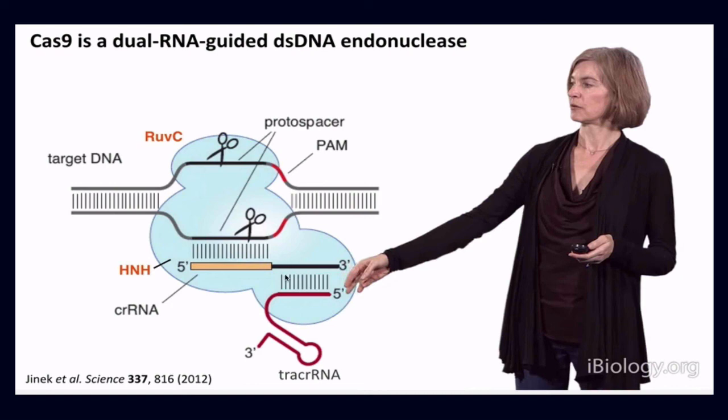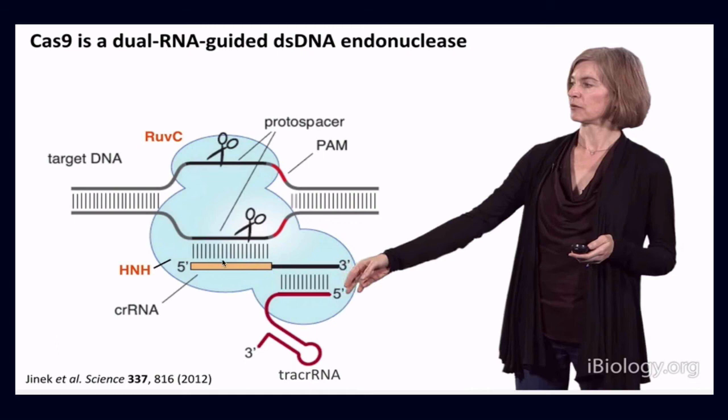And the tracer RNA also has two parts here. One part is complementary to the palindromic, repetitive region of the CRISPR RNA, and the other part of the tracer RNA forms this secondary structure, this little hairpin, which they found out is responsible for recruiting Cas9 to this particular DNA sequence.